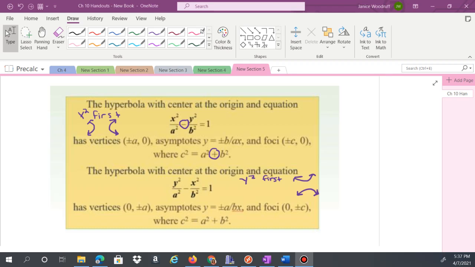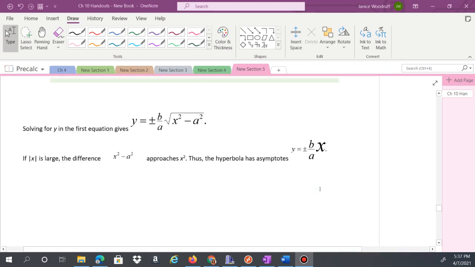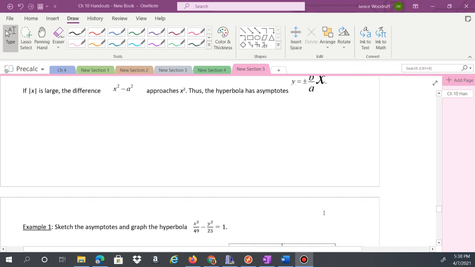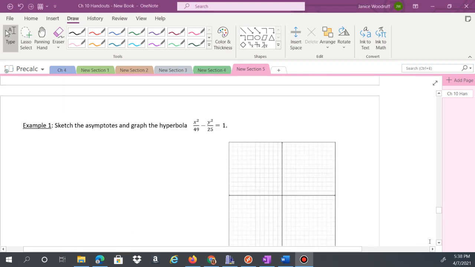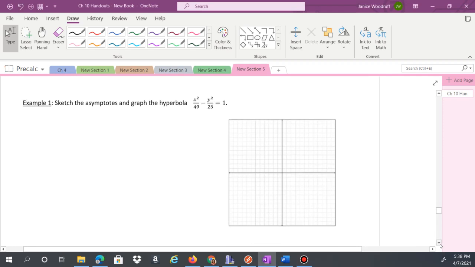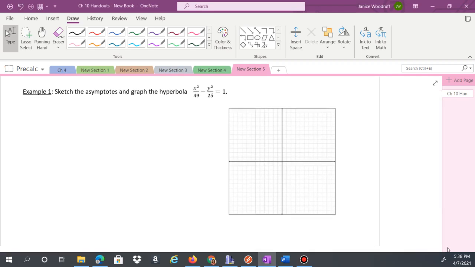Okay, so let's go ahead and work on some problems. And this is just how we get these asymptotes here. Okay, so here's our first problem. You have x squared over 49 minus y squared over 25 equals 1.